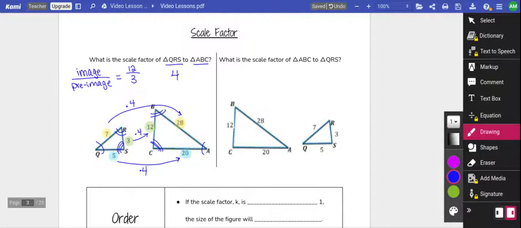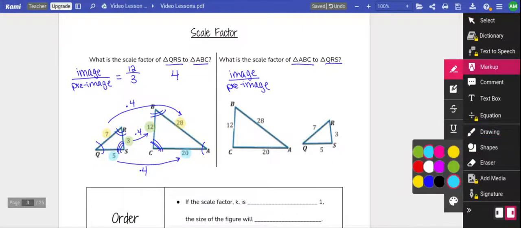Let's look at it in reverse. From ABC to get to QRS, I'm going to take a side in my image and put it over a side in my pre-image. One pair of corresponding sides. Again, we can pick this 12 and 3.